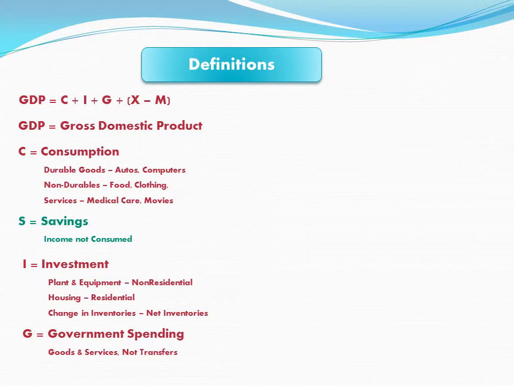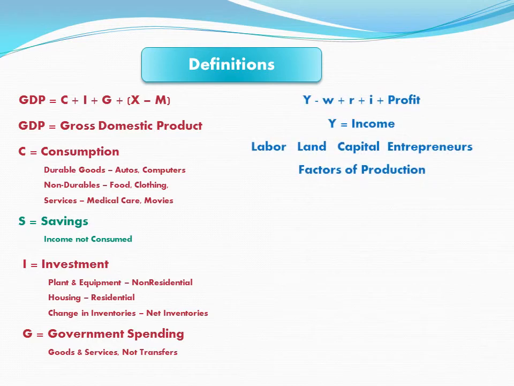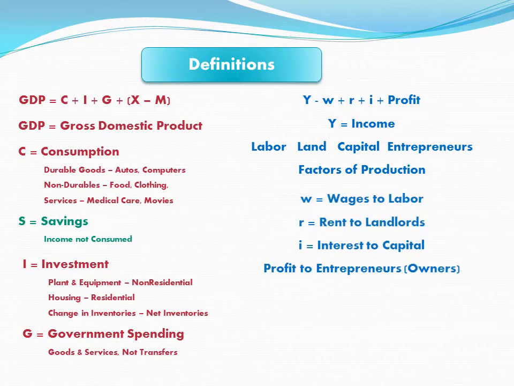So here are some definitions, mostly on the upper dark red loop of the model, the expenditure flows. At the bottom we have the income flows. So income, Y, is equal to wages, rent, interest, and profit, which is going to the factors of production: labor, land, capital, and entrepreneurship. And I just have those here spelled out for you so you can have those.